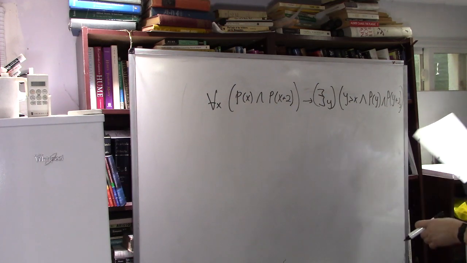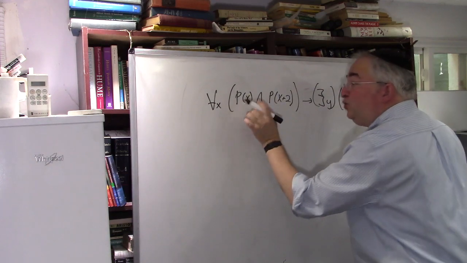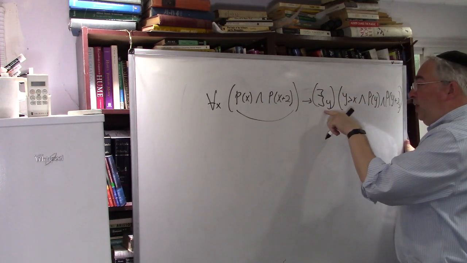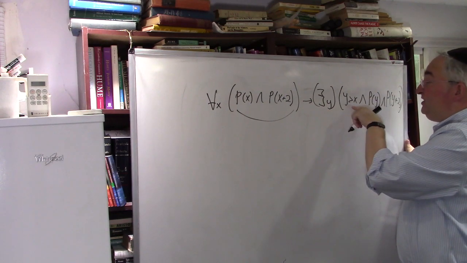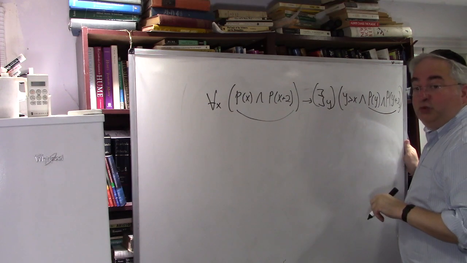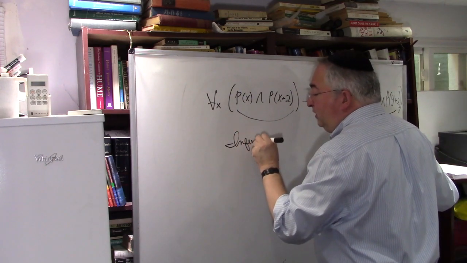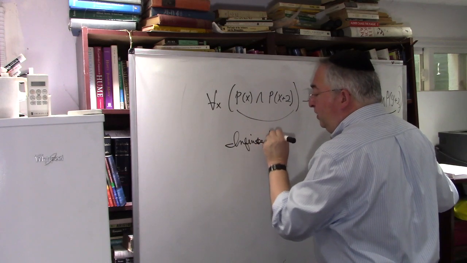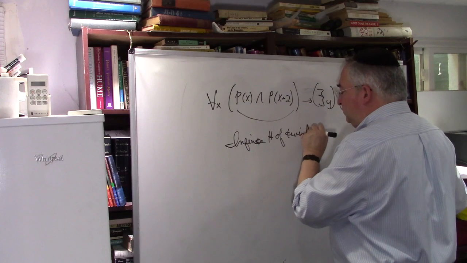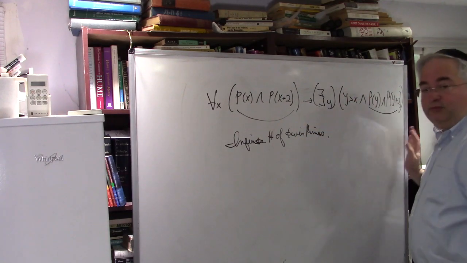What does this say? This says if x and x plus 2 are twin primes, then there exists a y, a number that's larger than x, such that y and y plus 2 are also twin primes. What this says is that there's an infinite number of twin primes.